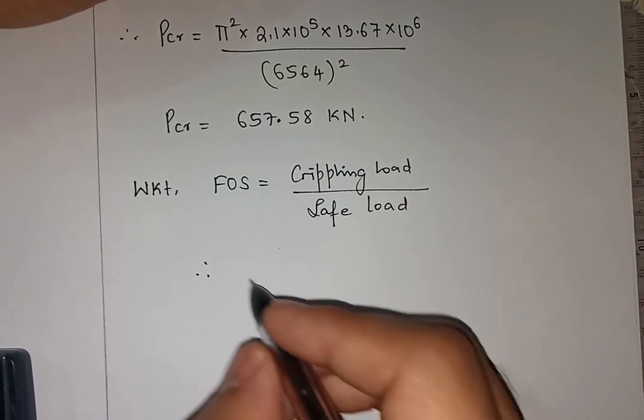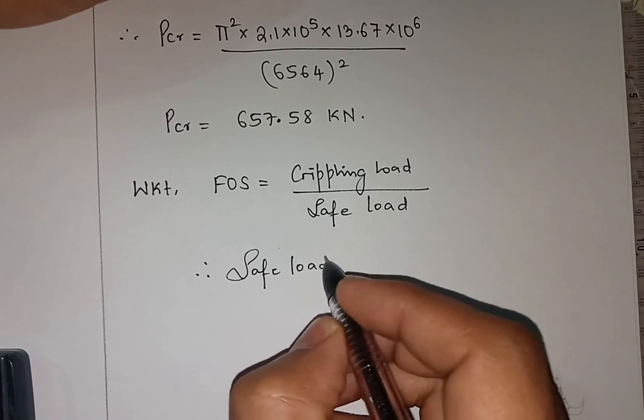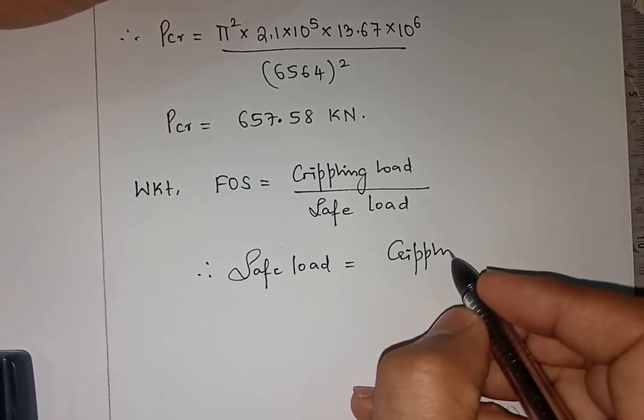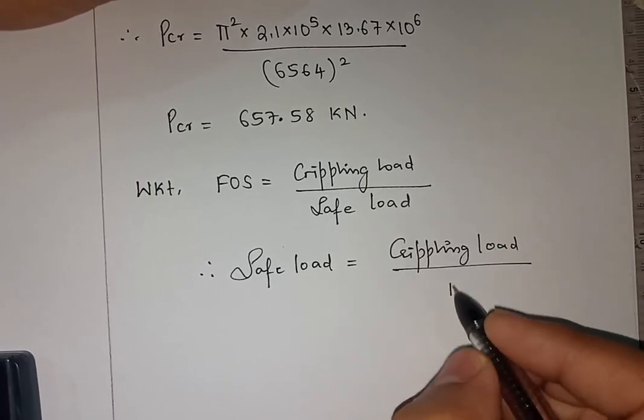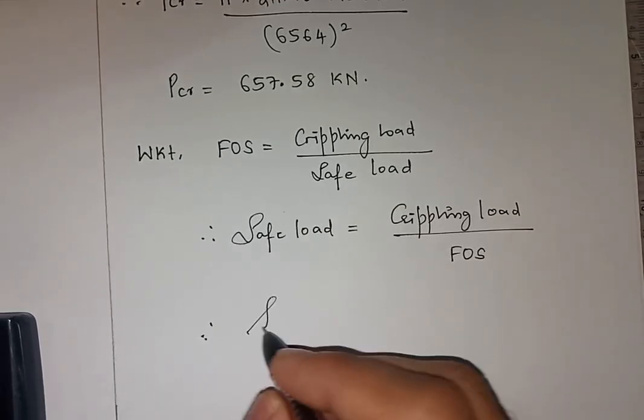So if you want safe load, it is equal to crippling load divided by FOS, right?